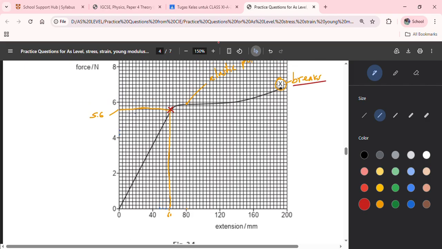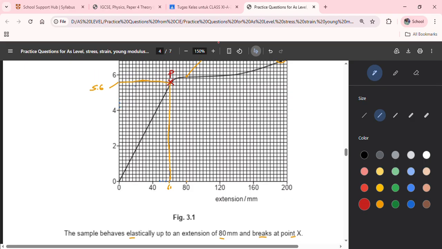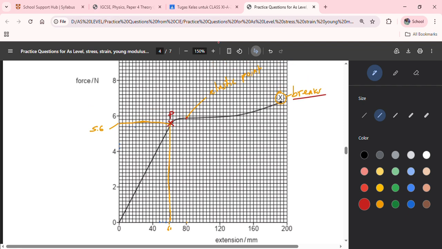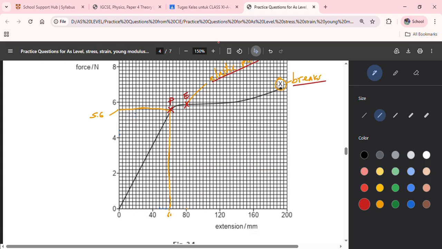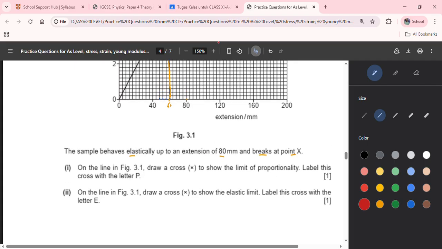That one just now is P. E, where is E? Okay, so we have to see here at P, it's already noted as the elastic point. So this is called E. Because this question says elastically up to 80.